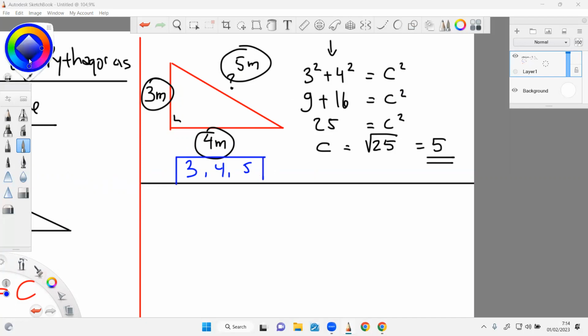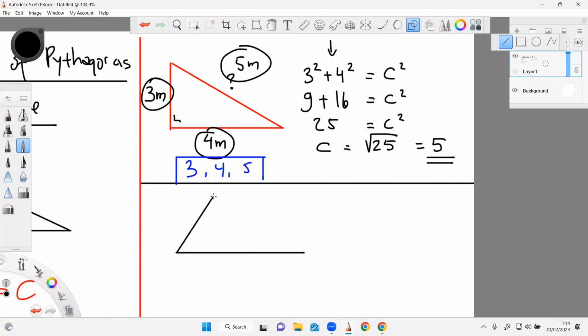I will give you some more. Let's say I have a triangle which is a bit rotated. I rotate the triangle here. Okay, how do you find this side?